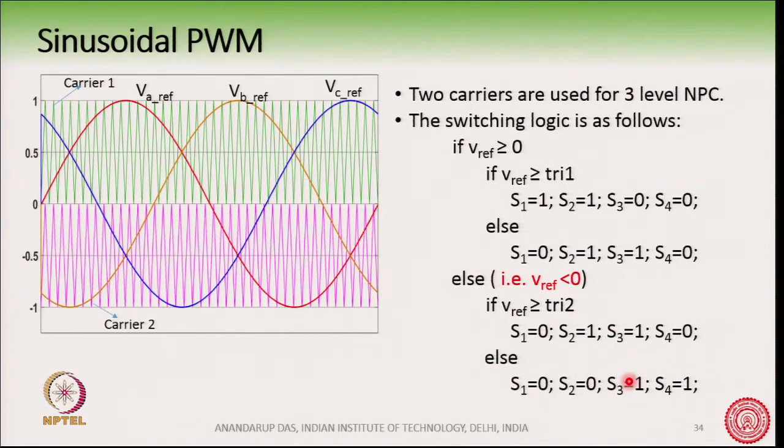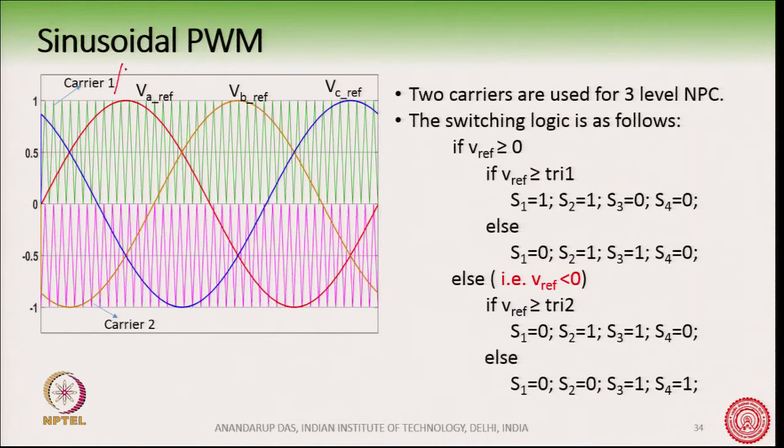Okay. So, if Vref is greater than or equal to triangle 1, then S1 is 1, S2 is 1, S3 is 0 and S4 is 0. This means that when Vref is greater than 0, suppose you take the A phase reference, then we are here, and if the same reference is greater than triangle 1, then in this region I will switch on the 4 switches in this fashion.